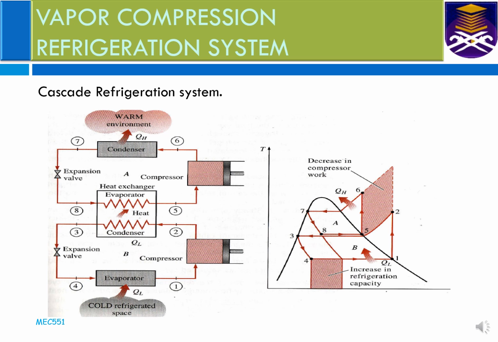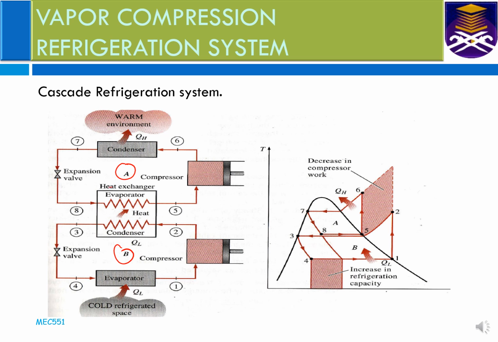Then, the innovative vapor compression system that we have is the cascade refrigeration system, where through this system the cycle is divided, or split, into two stages, which are a top cycle and a bottom cycle. The top and bottom cycles are connected by a heat exchanger.